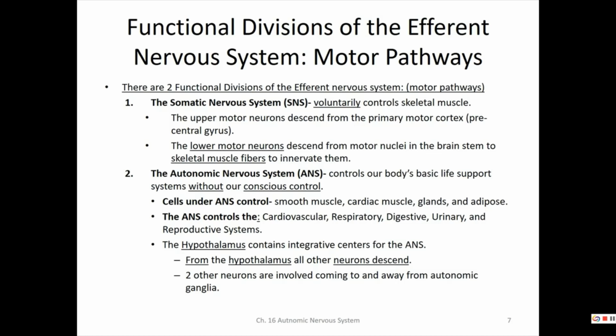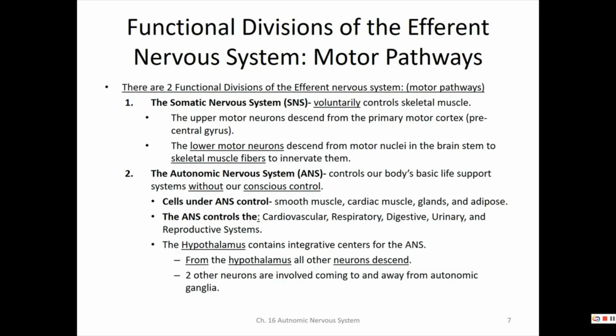Glands, you cannot make your salivary glands produce saliva on command. Now, you can get yourself hungry and make them salivate, or put something in the mouth, and the salivary glands will stimulate due to the tactile stimulation, but you can't consciously make glands secrete.